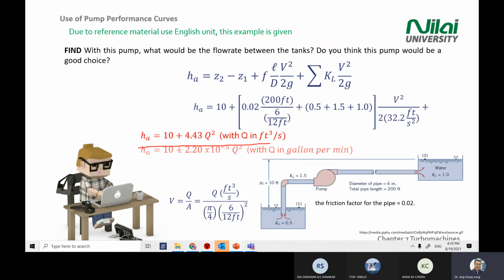So you have two equations. One with Q in feet cubed per second, and one in gallons per minute.